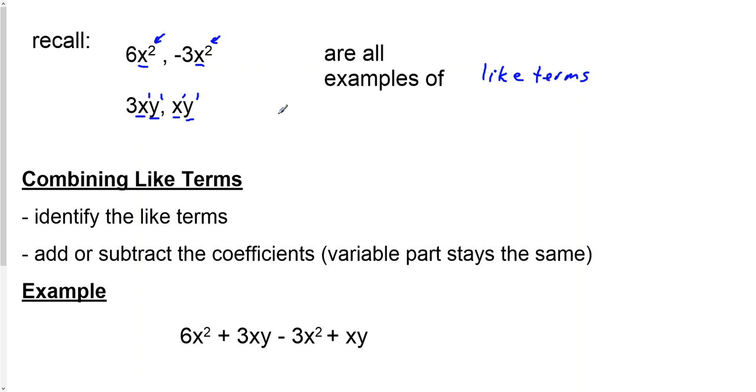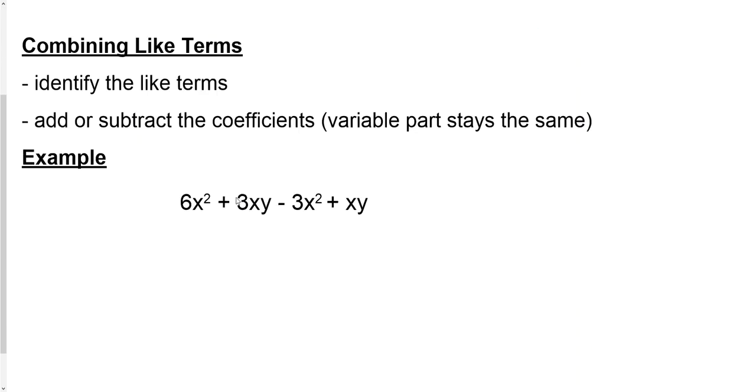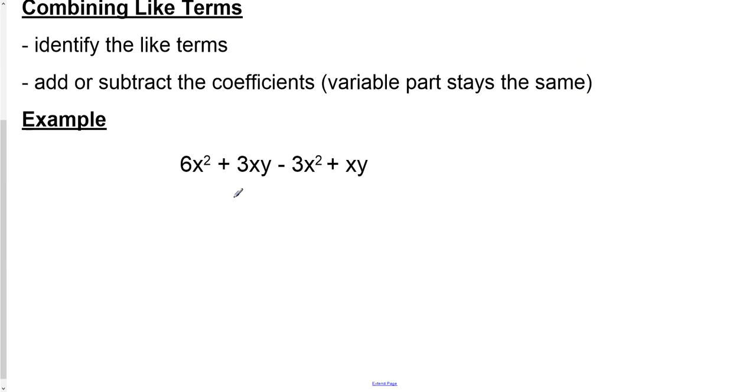And what we've been doing with these like terms is combining them together, because the only kinds of terms that you can add or subtract are like terms. So if we were given something like 6x squared plus 3xy minus 3x squared plus xy, we would first identify our like terms here: 6x squared and negative 3x squared, and positive 3xy and positive xy. And then we knew that we could combine those terms together by adding or subtracting the coefficients.